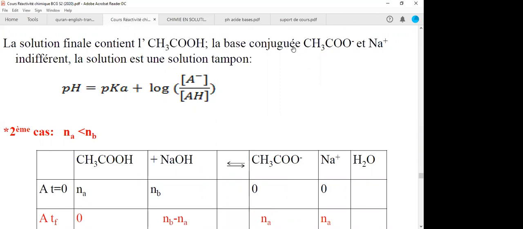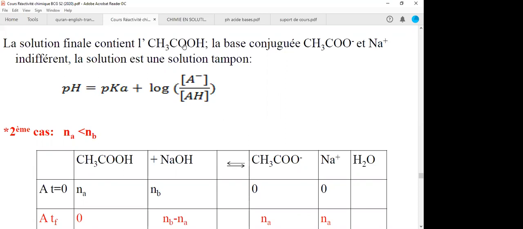So what is the nature of these substances? The nature of sodium, from the first part, was indicated as indifferent, meaning it does not show characters of being an acid or being a base. It is neutral in solution. But the conjugate base will show characters of being a base, and the acid will show characters of being an acid.